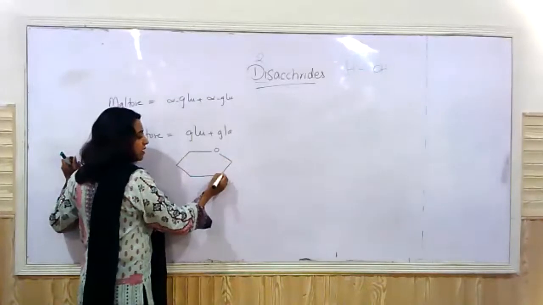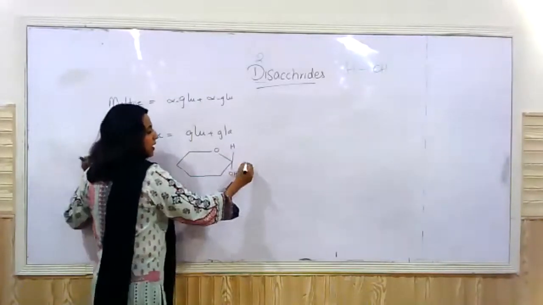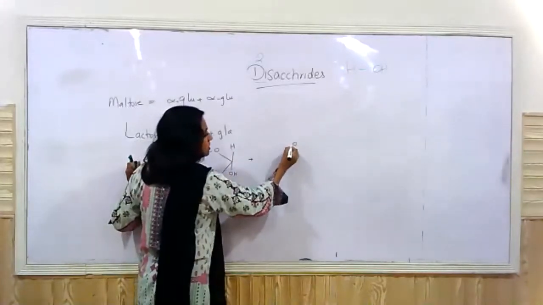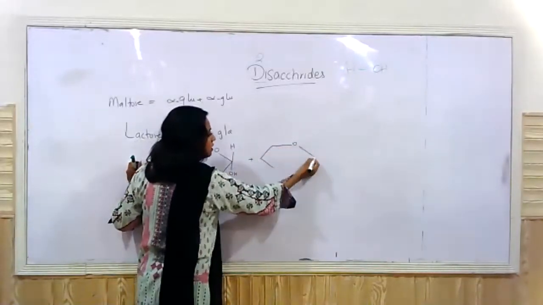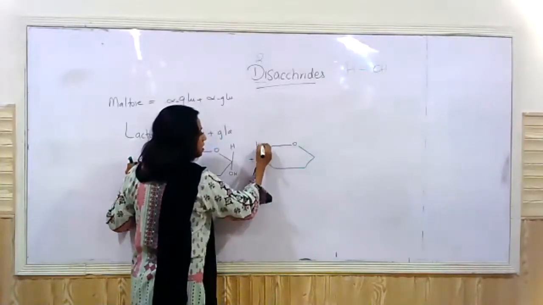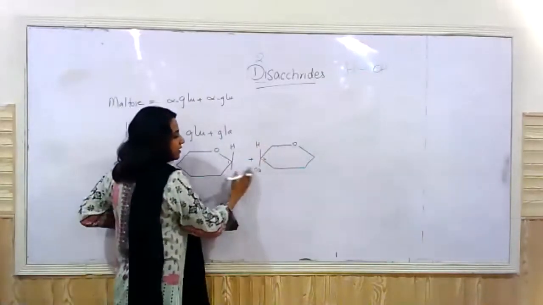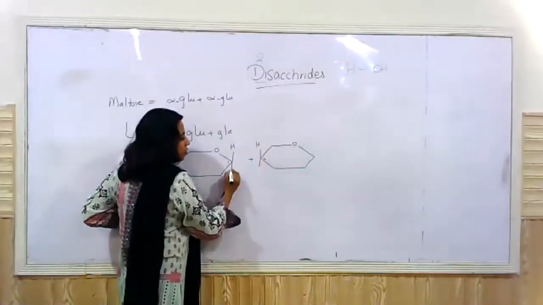I'm not writing OH anywhere now, only on carbon number 1. And lactose is practically the same. So this is carbon number 4, this is carbon number 1. OH from one side, H from the other side, and what is going to be formed?